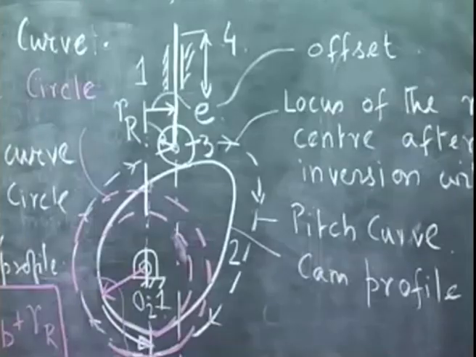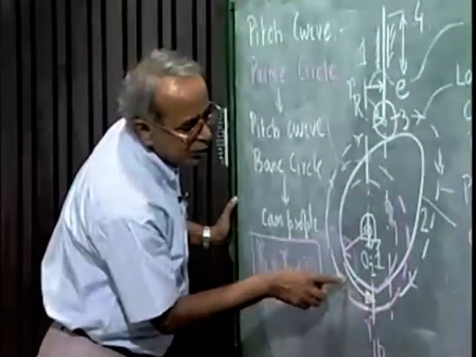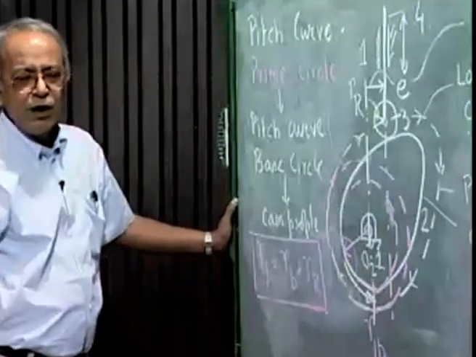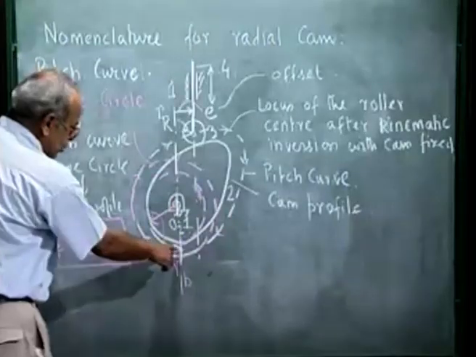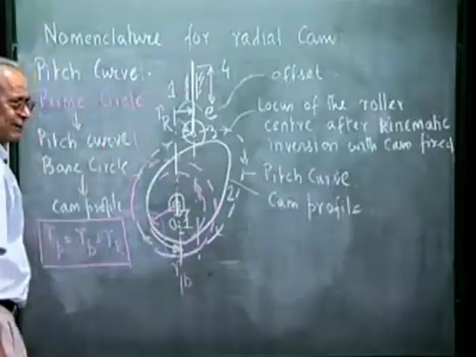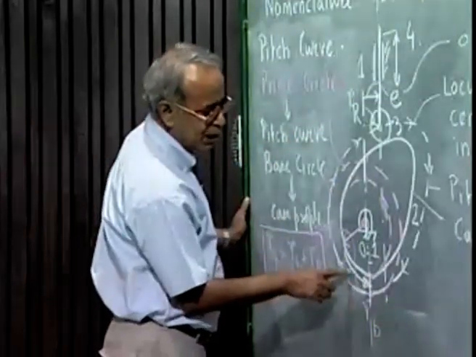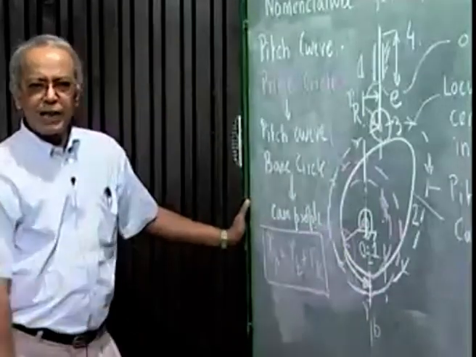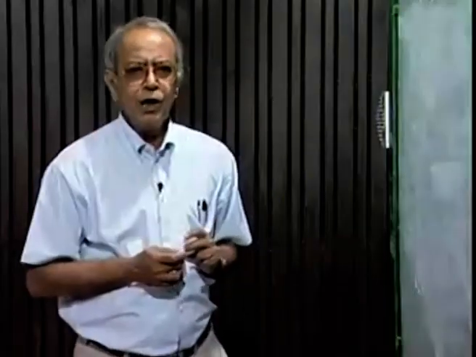Now we must remember that this offset to the right is for counterclockwise rotation of the cam. Why? That will be explained a little later. If the cam rotates in the clockwise direction, then we must provide offset to the left. So this we can call positive E for counterclockwise rotation, which I take as the positive direction of rotation of the cam. Now we define one more important parameter for this cam follower system, which we call pressure angle.